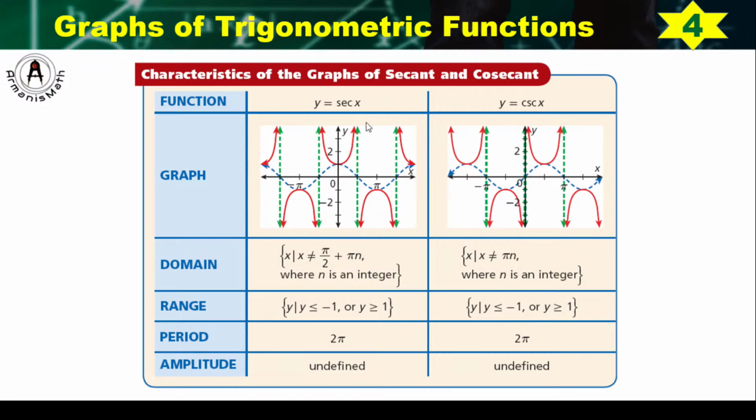The range is also unique for the secant and cosecant. Look exactly what happens to the range. Because it's discontiguous, I should say. There is a gap here. So this red one at the top, and then there's a gap, and then there's a red one at the bottom. So if you were talking about range, I'm going to start from 1 all the way to infinity at the top.